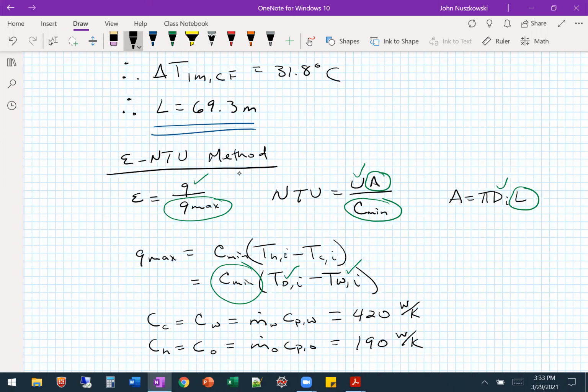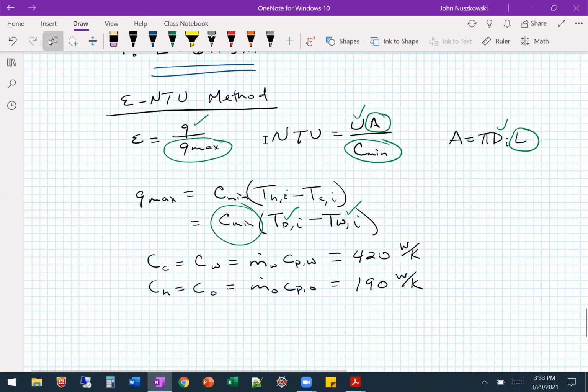So this is how good the fluid is at absorbing heat. We compare them, like was said, and that means the max is 420 and the min is 190.